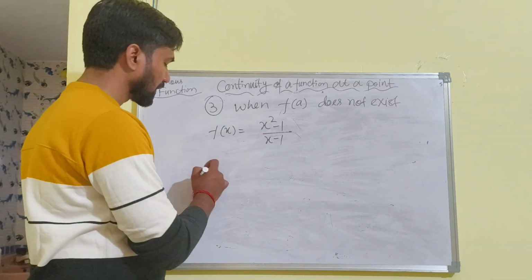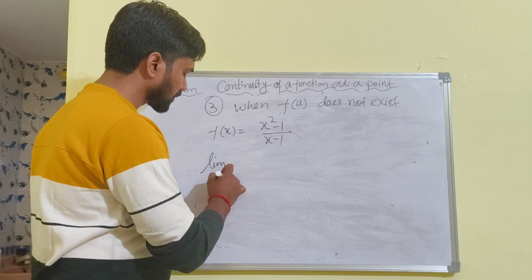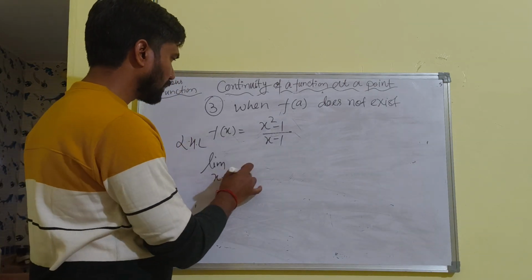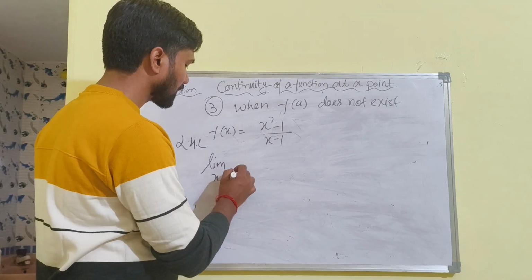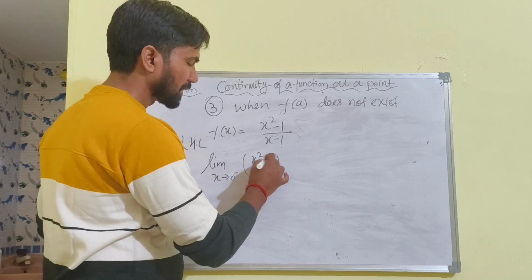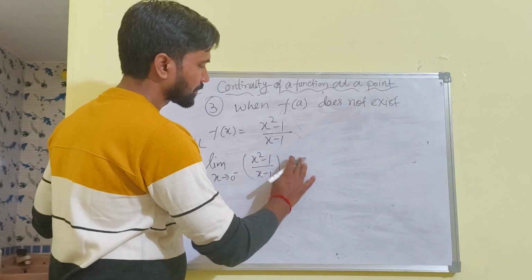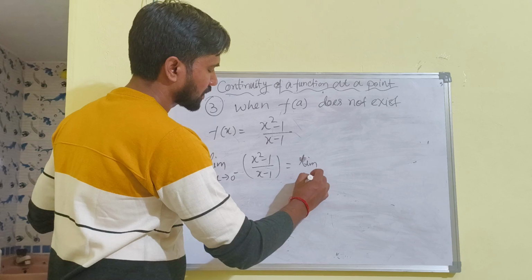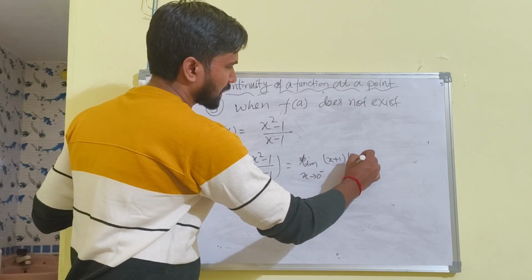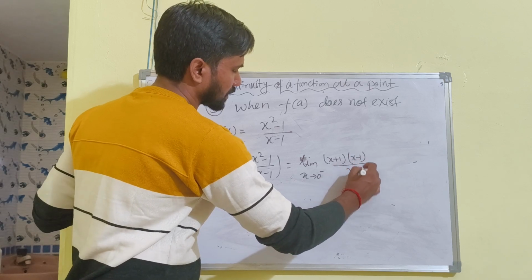Let's do it here. Limit x tends to 1 minus, what can it be? x square minus 1 divided by x minus 1. Simply we can use the formula. Limit x tends to 1 minus, x plus 1 into x minus 1 divided by x minus 1.